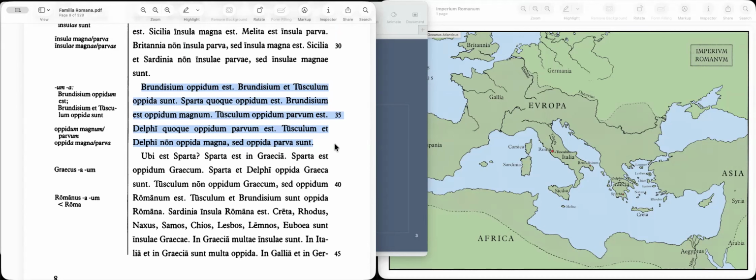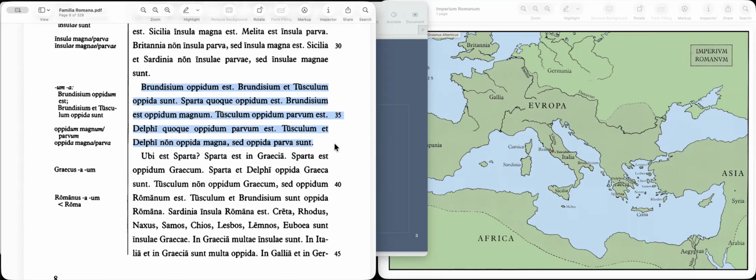Brundisium oppidum est. Okay, say that second word again. Oppidum. Oppidum, short O. Not oppidum, but oppidum.